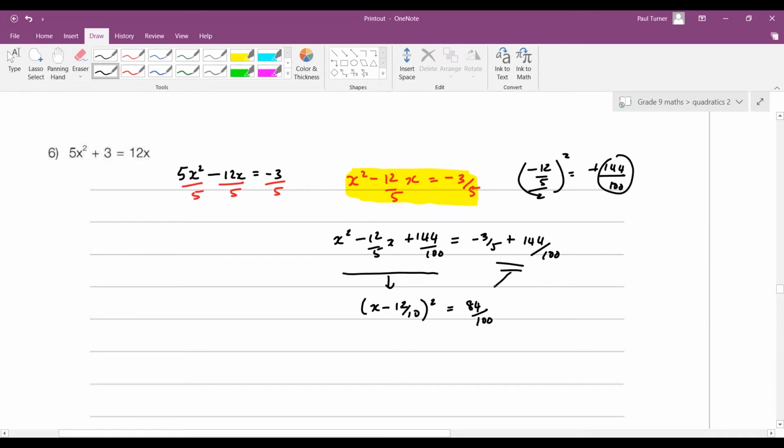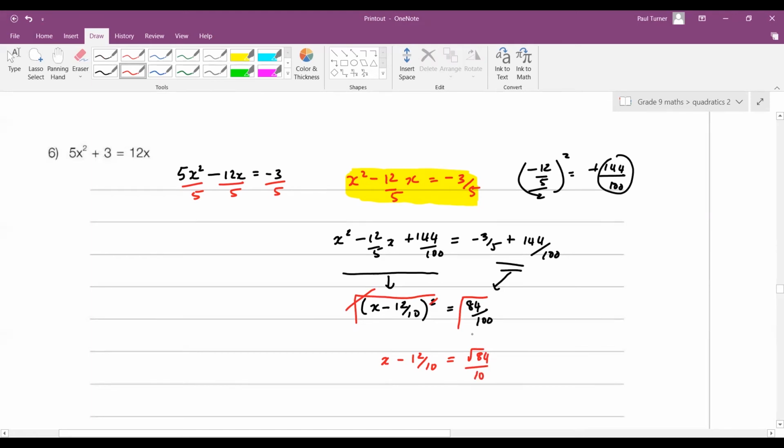Okay, that would give you 84 on 100. And then we square root both sides. Like that. So just check you may have got the right answer, but your working may look a bit different. So x minus 12 on 10 equal, this ended up being root 84 on 10.